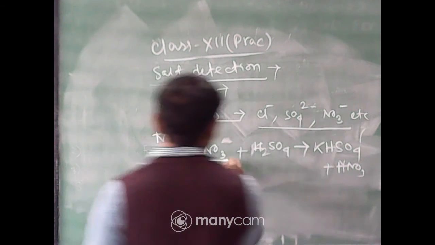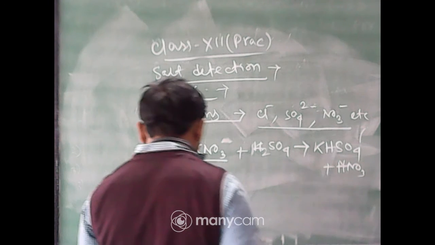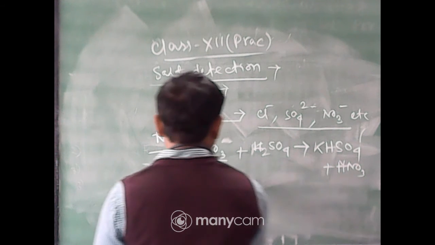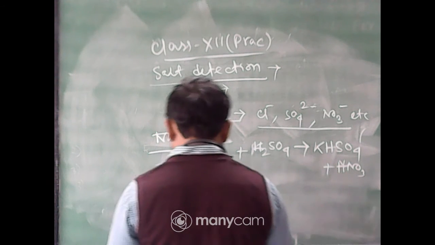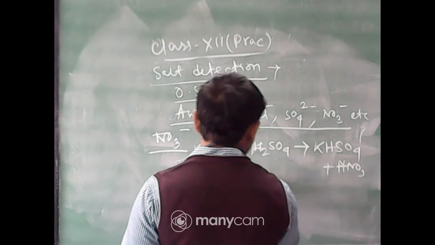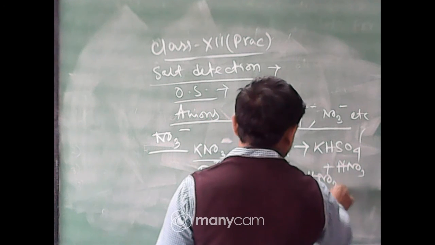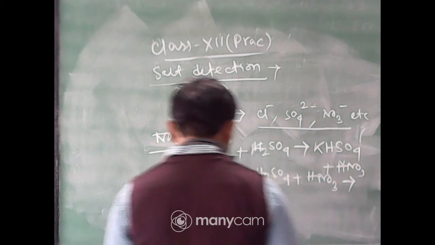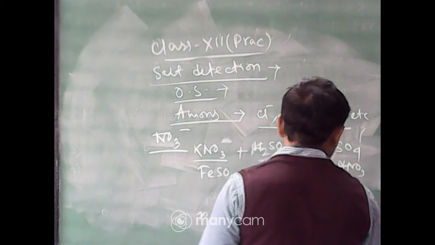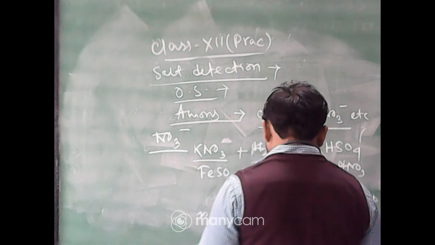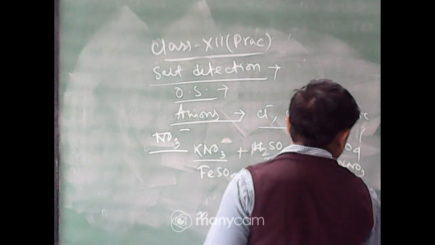If KNO3 is taken as a sample, then KHSO4 plus HNO3. Next step is the addition of ferrous sulphate. Ferrous sulphate in presence of H2SO4 and HNO3 will produce Fe2(SO4)3, that is iron sulphate, and NO.